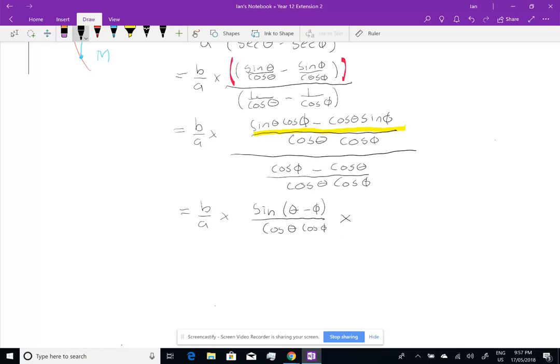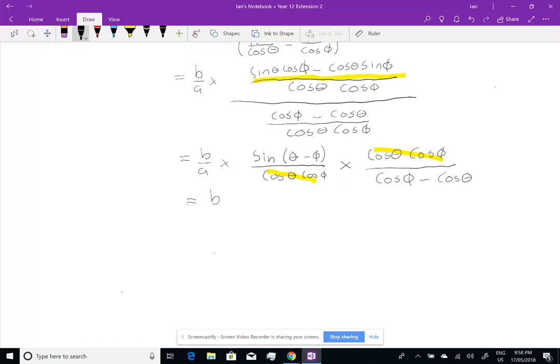Now we're going to multiply by the reciprocal of what's underneath. Well, cos theta cos phi. And here I've got cos phi minus cos theta. Well, that's pretty cool because these two things are going to cancel out.